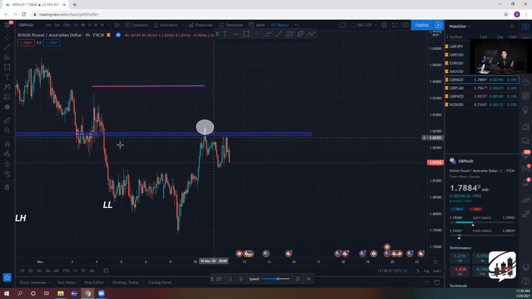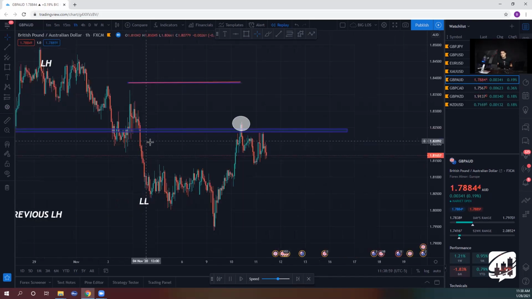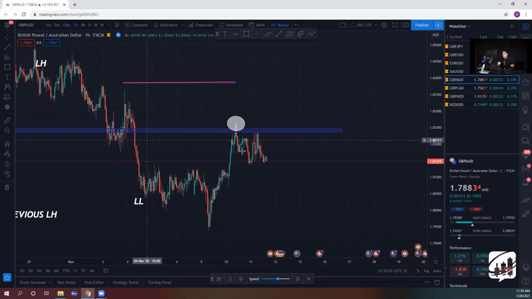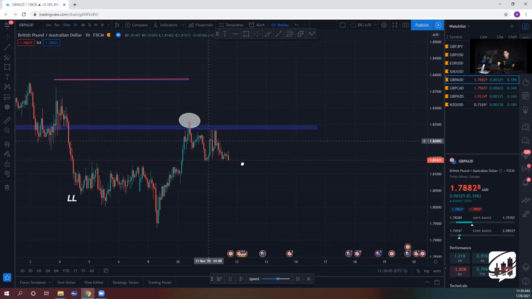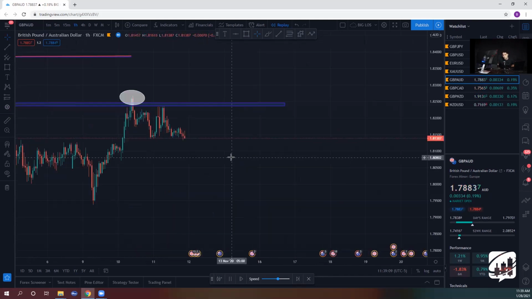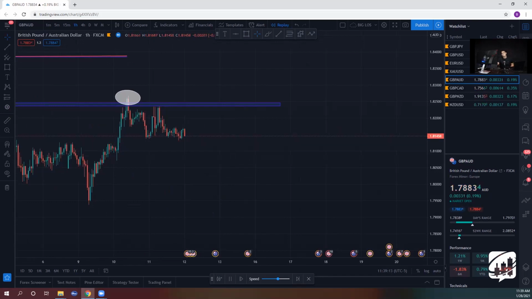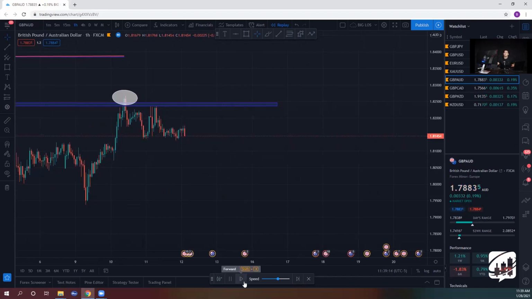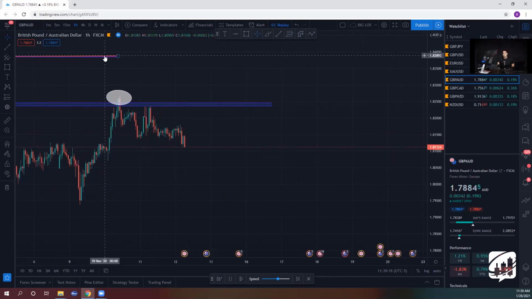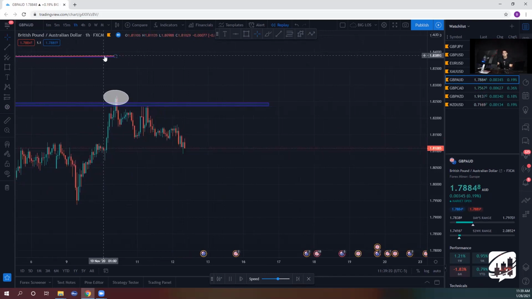We got our entry at the retest of our lower low, and as you see, boom, the trade took off. From there, you can then move your stop loss to break even and have a risk-free trade. Nothing to worry about.